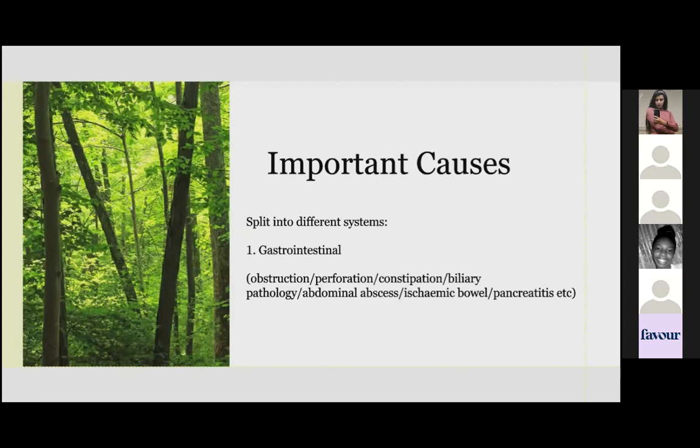So you need to exclude all of the other worrying causes before you can say that this severe pain is due to constipation. It could be due to biliary pathology, whether that's biliary colic, cholecystitis, or ascending cholangitis, or any abdominal abscess. It could be due to ischemic bowel, pancreatitis, appendicitis, and a whole load of other things. So we'll cover a number of these in more detail soon.